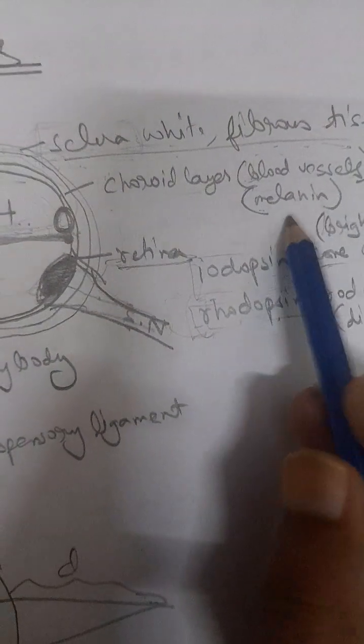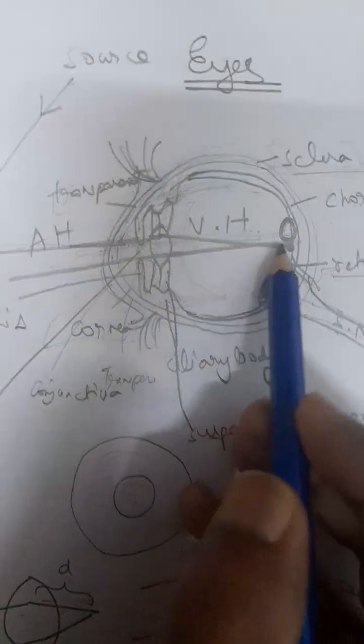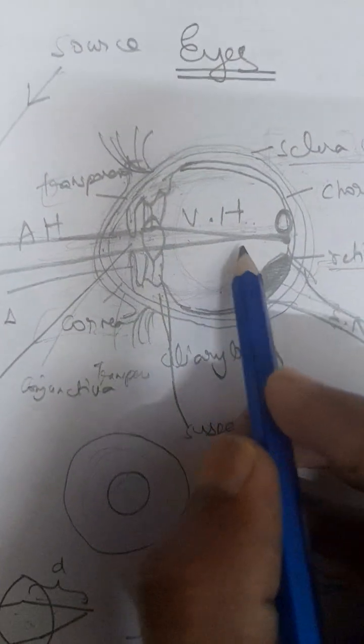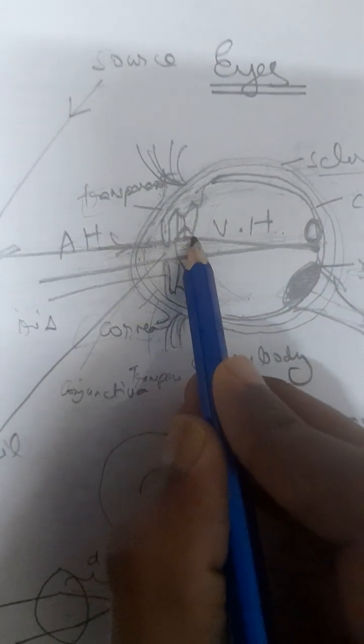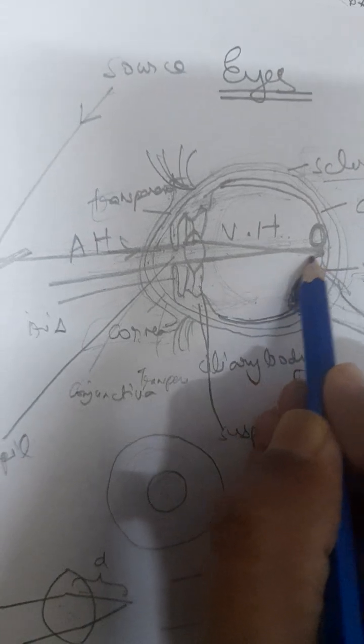Now in the choroid layer, I have said that melanin is also there along with blood vessels. So why is melanin there? Because it prevents the scattering of light in the eyeball. Now if the melanin was not there, how would the light have scattered? Like here is the direction of the light, enter here and then here.